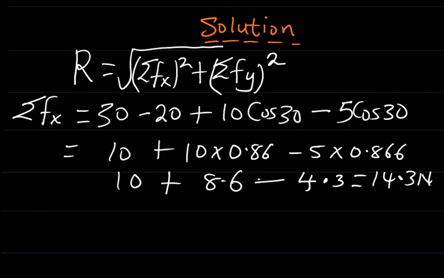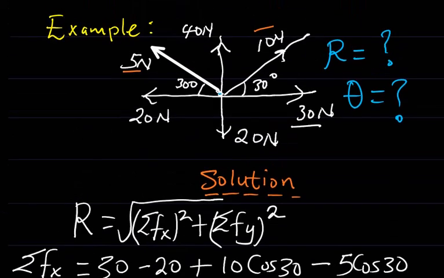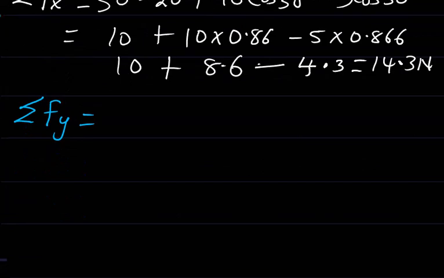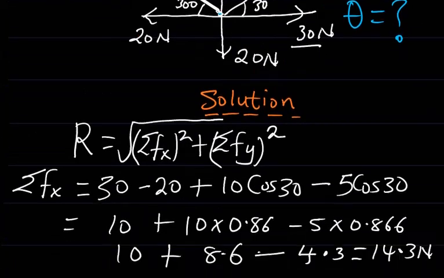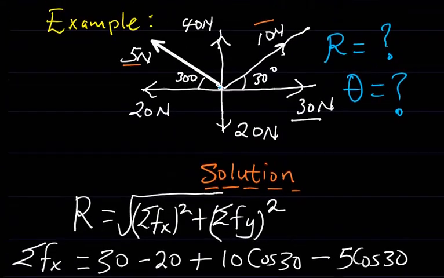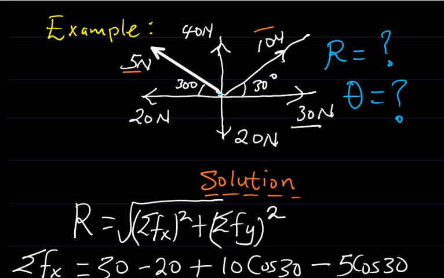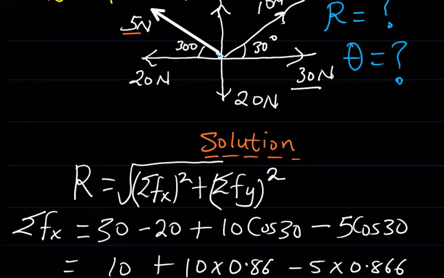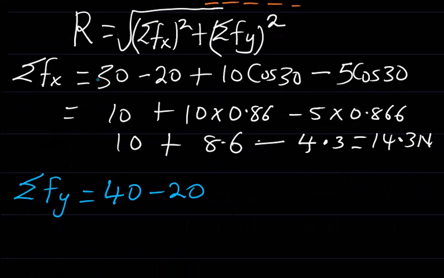So let's do the same for the vertical. For the vertical component, 14 Newton is acting vertically upward, that's going to be plus. The vertical downward is 20 Newton, so minus 20 Newton. If I resolve the 5 Newton vertically, it will be positive 5 sine 30.